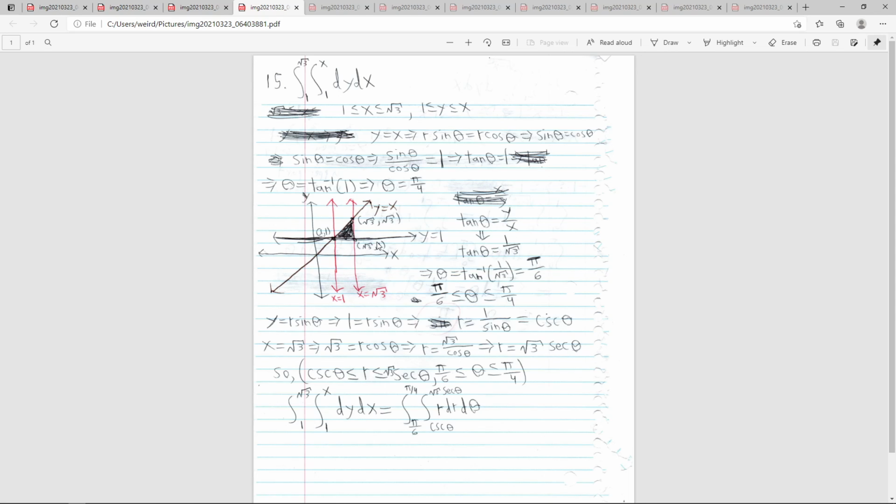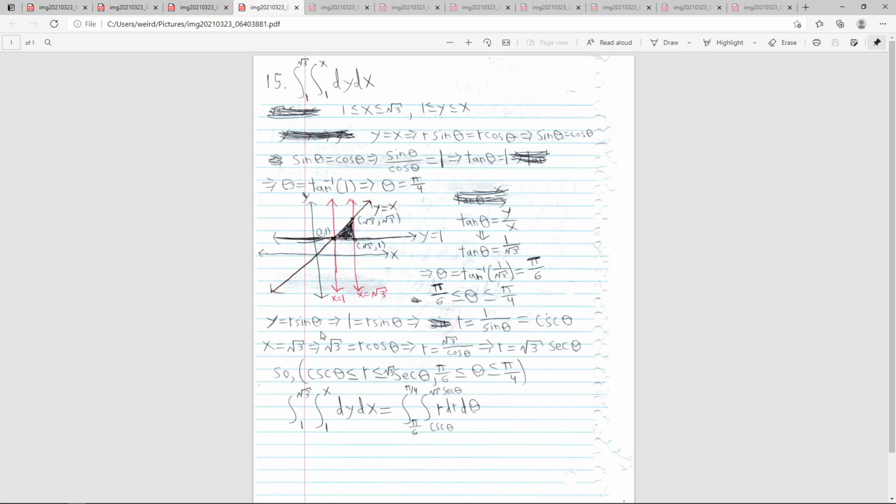That's why you still sketch them out the normal way. It's not as useful, but it still has its uses like that. So pi sixth is less than or equal to zeta, less than or equal to pi fourth. Okay, so we have our zeta limits now.